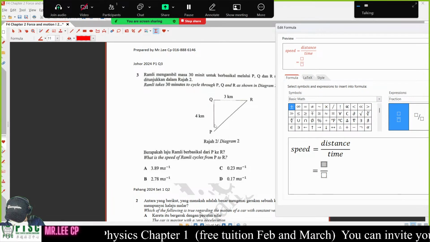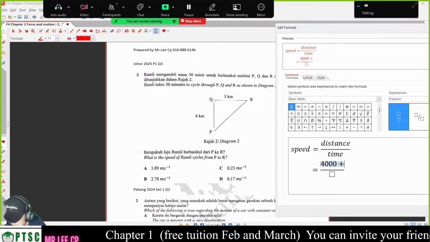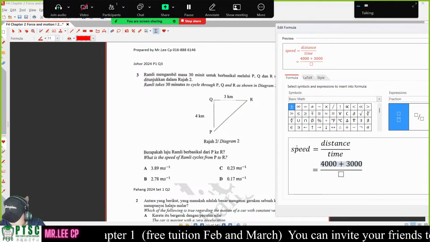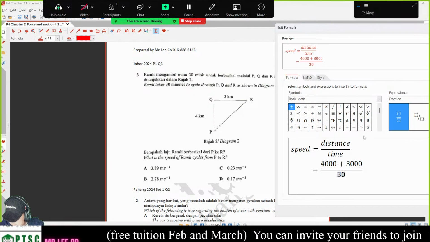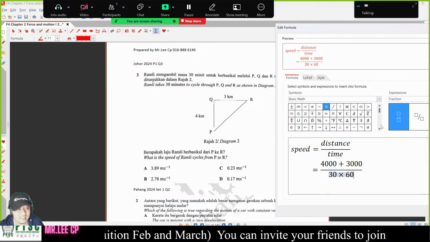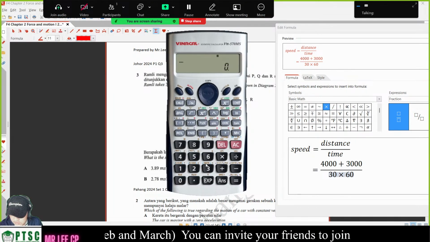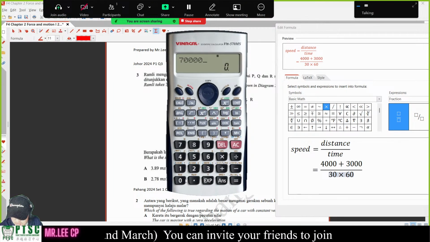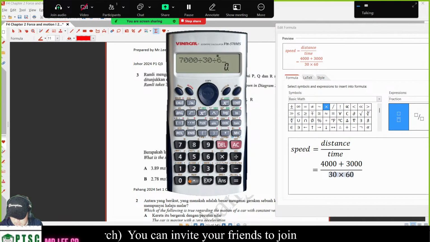So how much is the speed here? 4,000 and 3,000. So 4,000 plus 3,000 over the time taken. Time taken is 30 minutes. So you need to multiply by 60 to change it to seconds. Okay. 7,000 divided by 30 divided by 60.